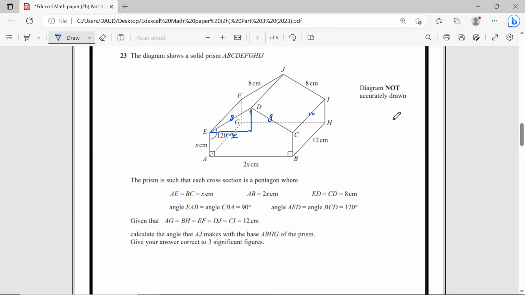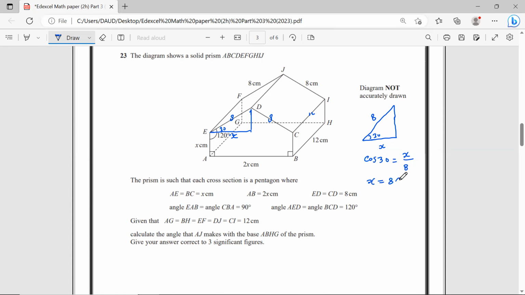This one is 8, this one is x, and remember that an angle in a rectangle is 90, so 120 minus 90 is 30. So here the angle is 30. We can find the height or x easily. x represents the adjacent over the hypotenuse, so cos 30 is x over 8.